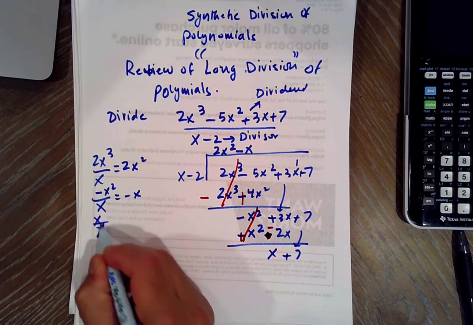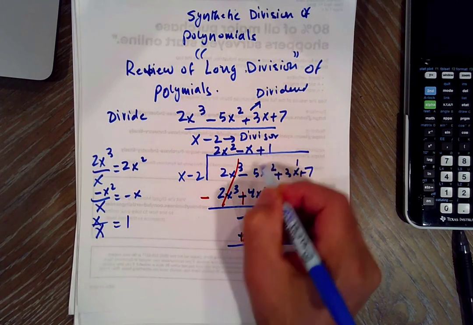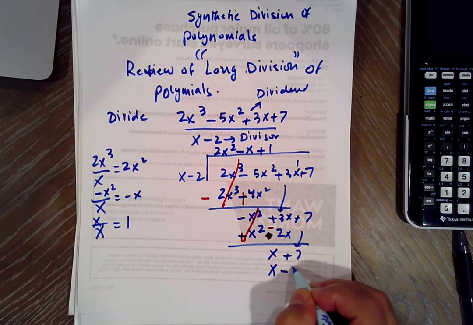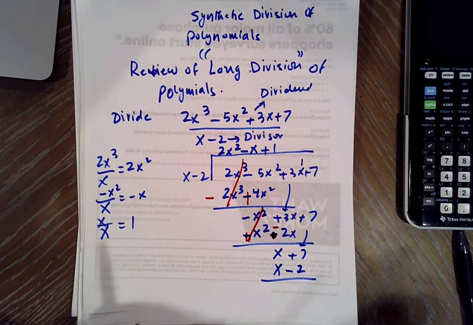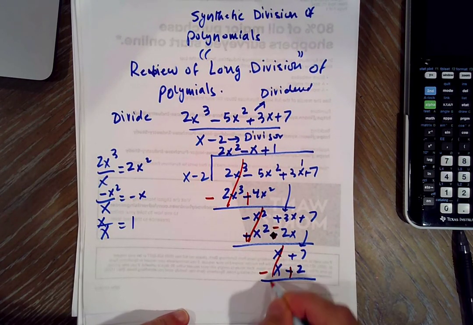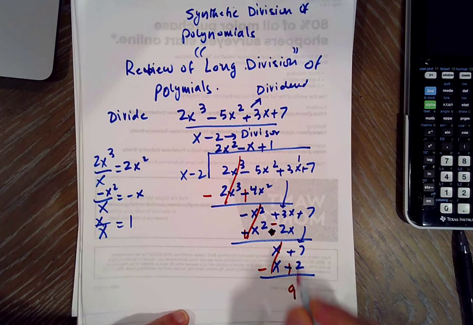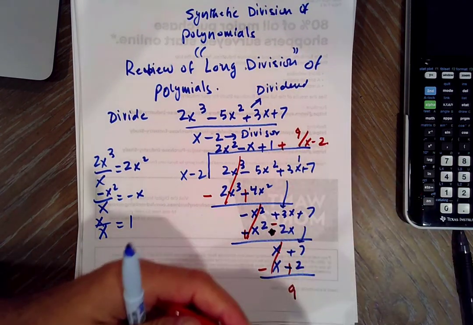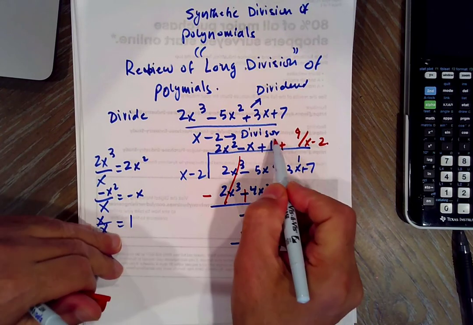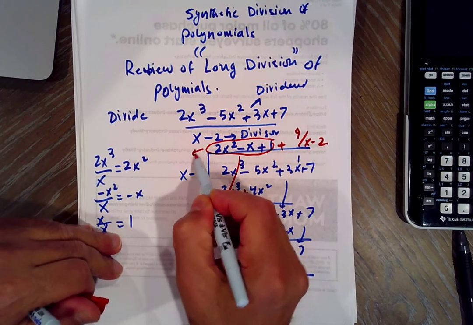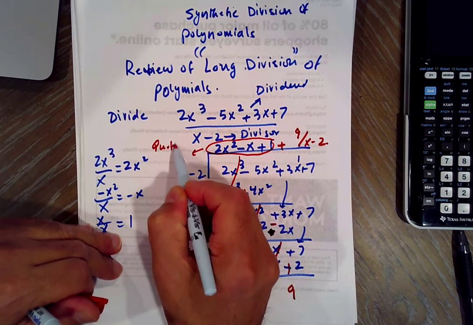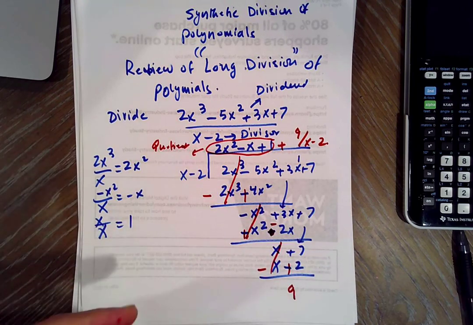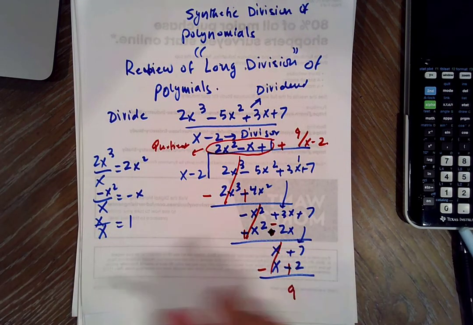Divide x into x is 1, plus 1. 1 times x, 1 times negative 2. Switch the signs. And that's the remainder. And then we would write plus 9 over the divisor. And this is called the quotient.